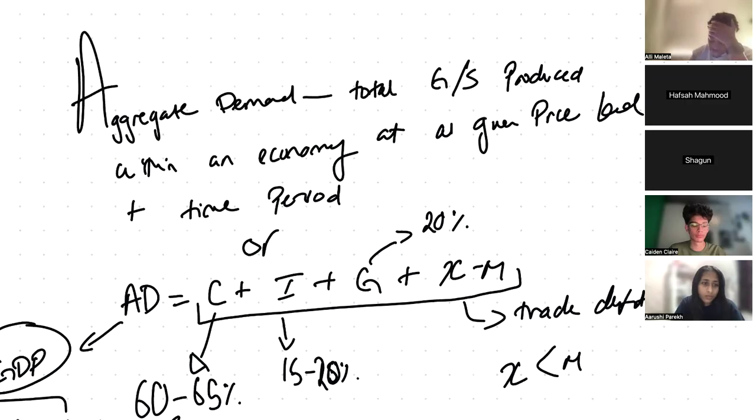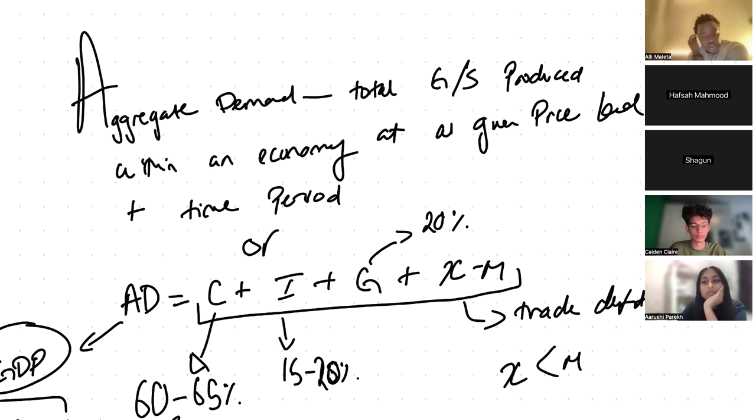All right. So next one we have government spending. So, what is government spending? Is it when the government spends money on healthcare and education, for example? Yeah, so we think of government spending as the spending on public services.